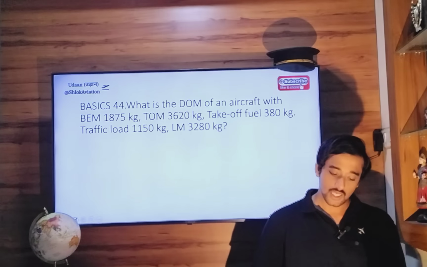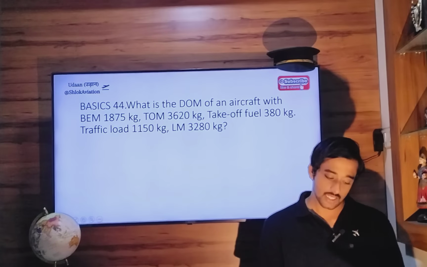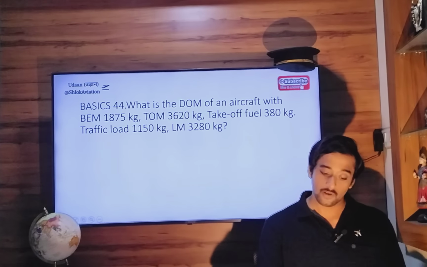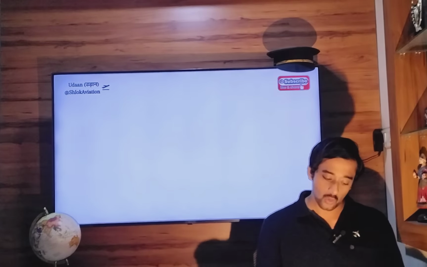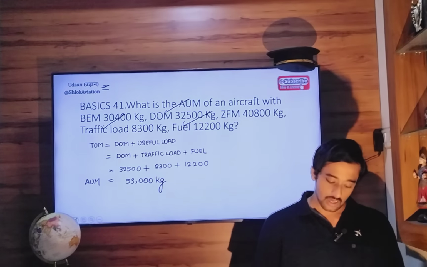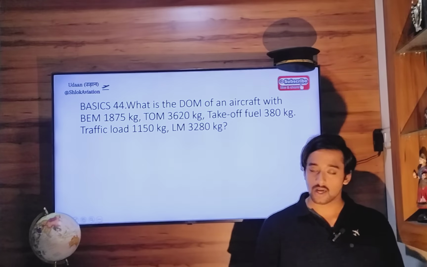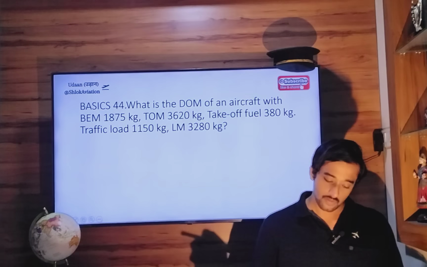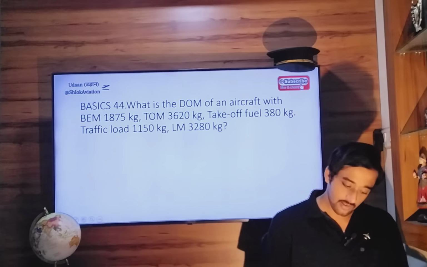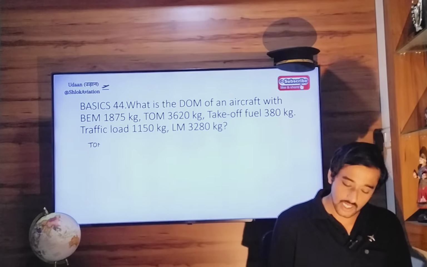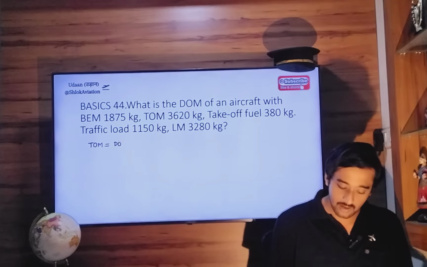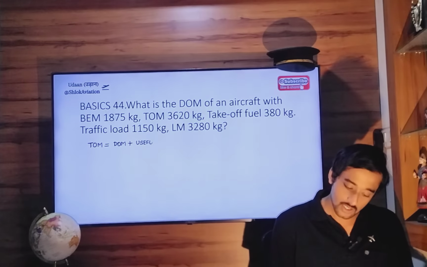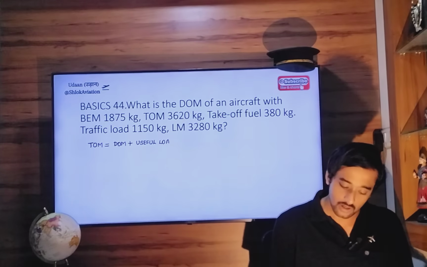Next. What is the DOM with basic empty mass 1875, takeoff mass 3620, takeoff fuel 380, traffic load 1150, okay, and landing mass 3280. So again, we will use the same formula, takeoff mass equals dry operating mass plus useful load.